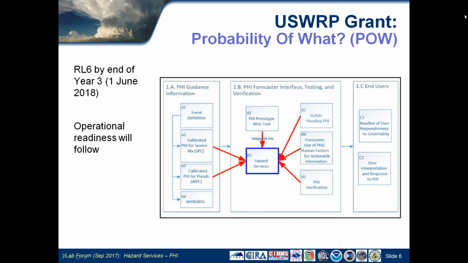We have forecasters come in, and we'll talk a little more about that, with a very rigorous and rich set of exercises that they go through to test this functionality and the whole workflow process. Achieving higher levels of readiness would have to happen after the USWRP grant. Next slide.